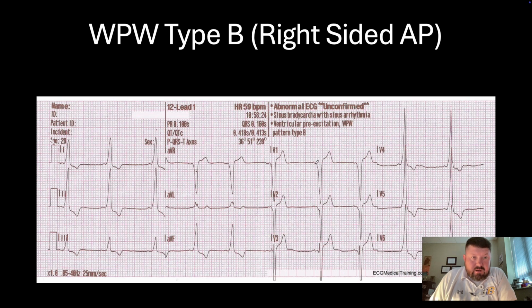But if you notice here, you've got this delta wave in V1. Regardless, you're going to see delta waves and shortened PR intervals, and you should know that Wolff-Parkinson-White is due to an accessory pathway, and these patients are going to be predisposed to tachyarrhythmias.